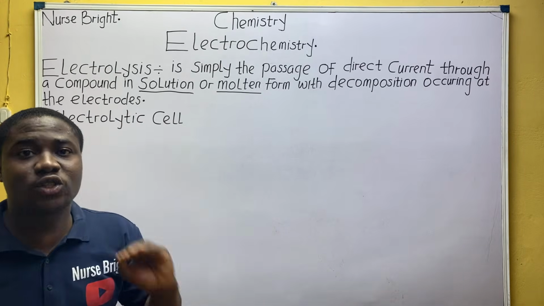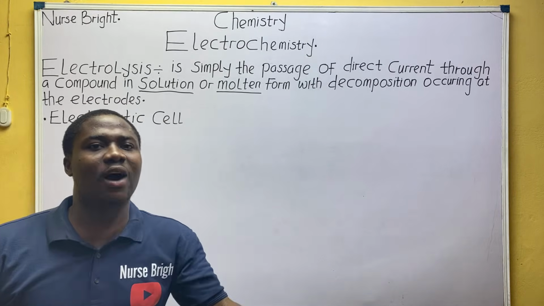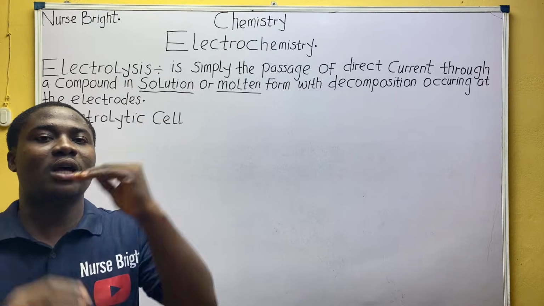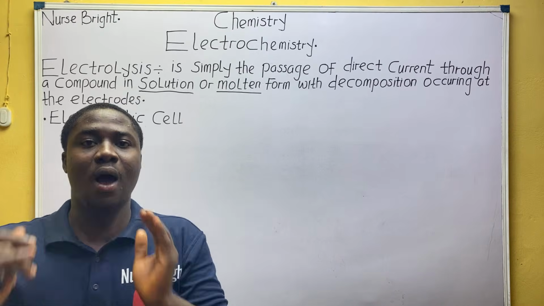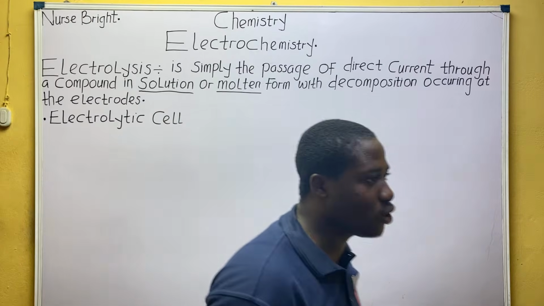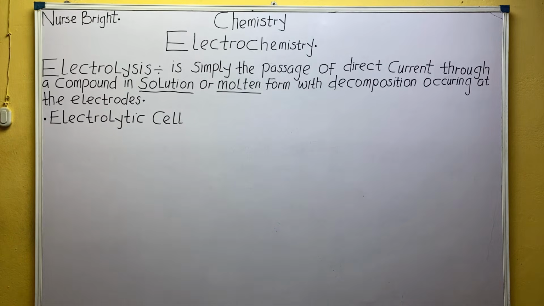In this aspect of chemistry, we have two kinds of cells: the electrolytic cell and the electrochemical cell. As we proceed in this class, I'm going to differentiate these cells. But before then, you should know that electrolysis occurs in a very special cell called the electrolytic cell.